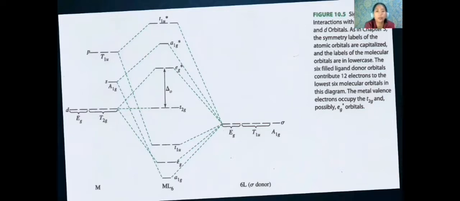eg* orbitals. So these lower orbitals are more ligand in character because the electrons in these lower orbitals, or these bonding orbitals, came from the ligands, while for the t2g, the electrons came from the metal, and sometimes electrons in the eg* are from the metals.